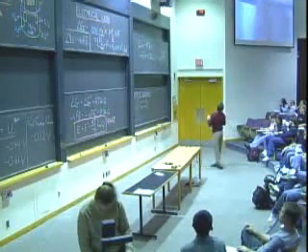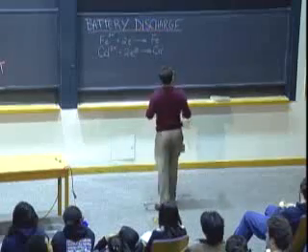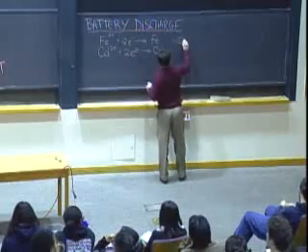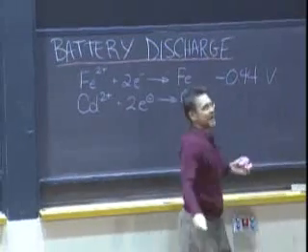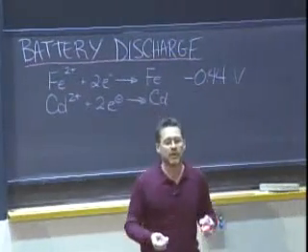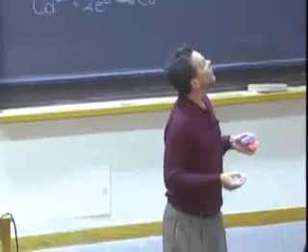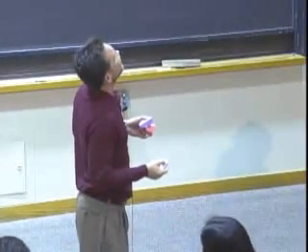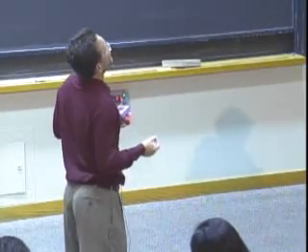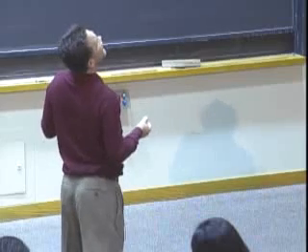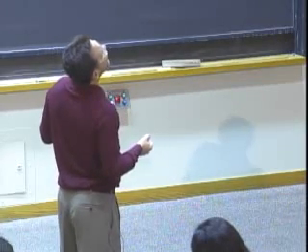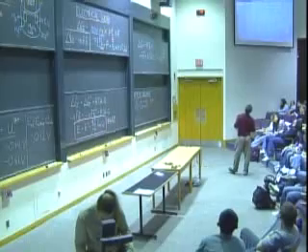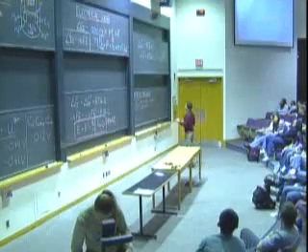Is that what it is? And now we need cadmium 2+ going to cadmium elemental form. And we see that that is up there at minus 0.40. Is that right? Minus 0.40.